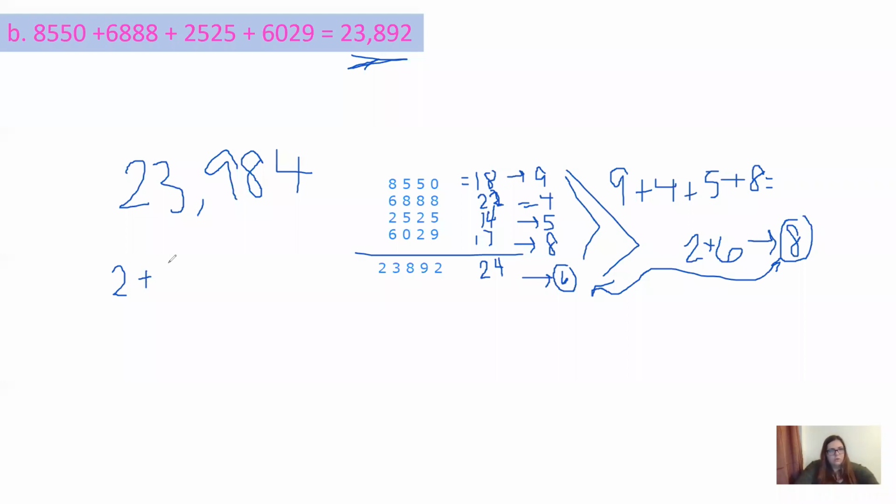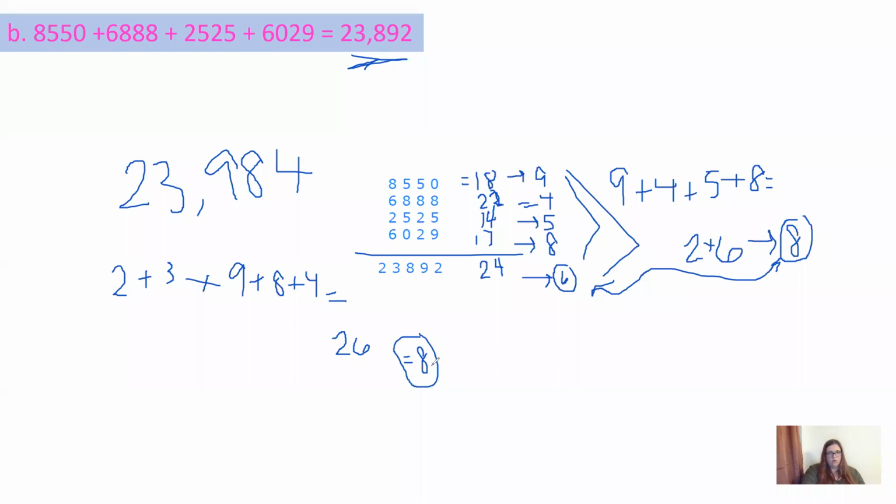2 plus 3 plus 9 plus 8 plus 4 gives 26. If you were to add the 2 and the 6, you get 8.